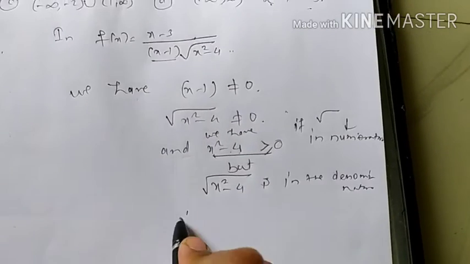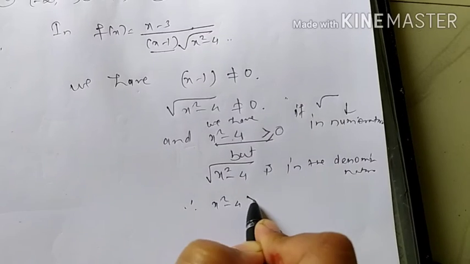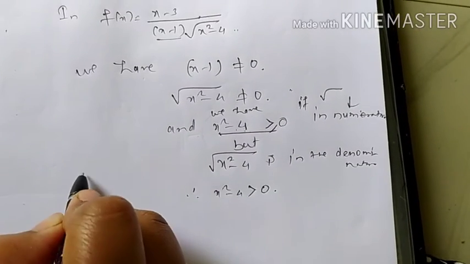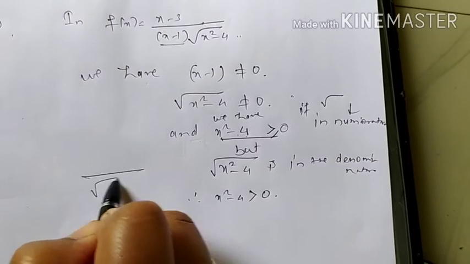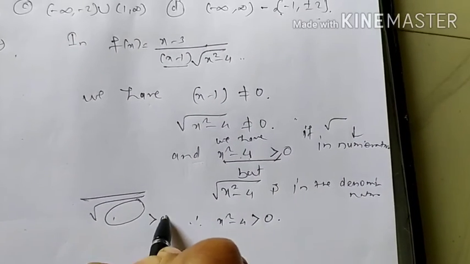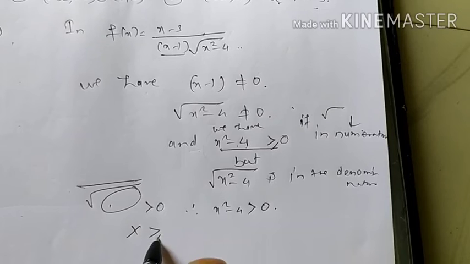Okay, so therefore x² − 4 is strictly greater than 0. Getting? This is very important. When the square root is there in the denominator, then this is strictly greater than 0, not greater than or equal to 0.